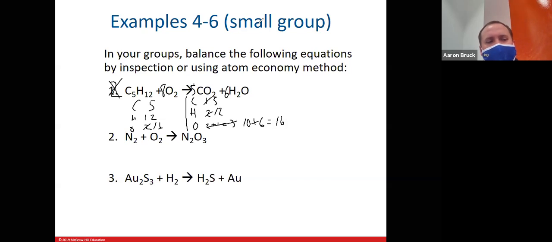So the double everything method only is necessary if I have an odd number on one side and an even number on the other. If they're both even, then they should balance each other out without doing anything extra.